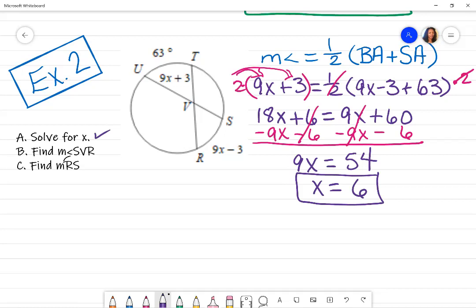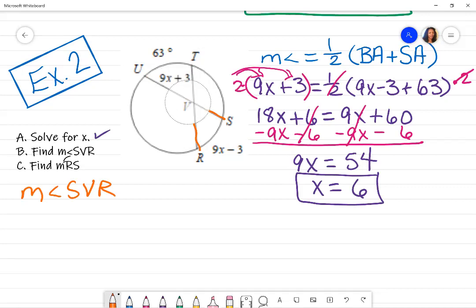I want to go on and solve for, or solve, find, or use interchangeably, the measure of angle SVR. So again, following my directions, SVR, I'm trying to look for this angle. Well, I don't see anything there. Well, yes, actually I do, because this is a vertical angle, which means that it's set equal to the angle that's across from it.